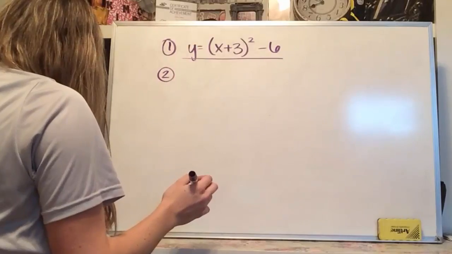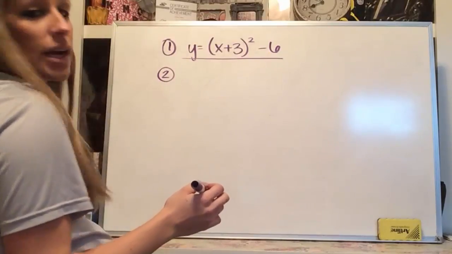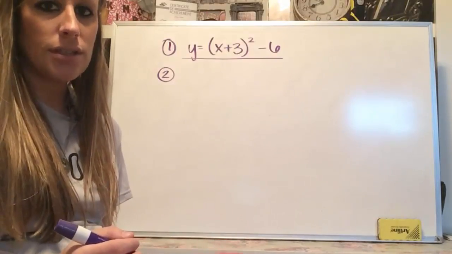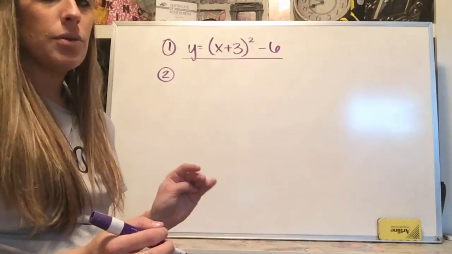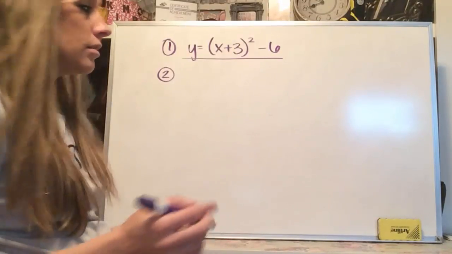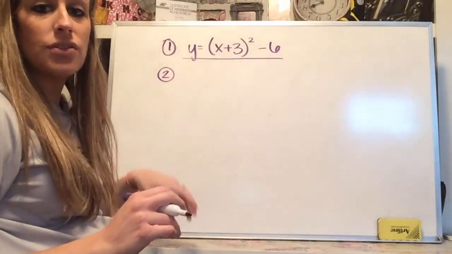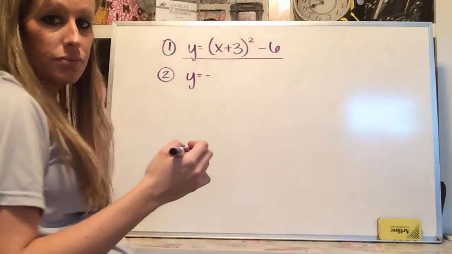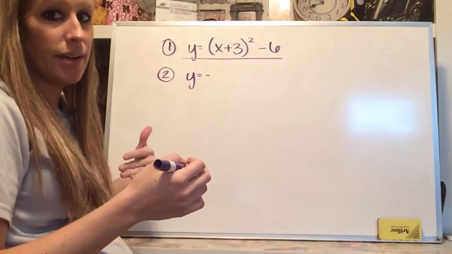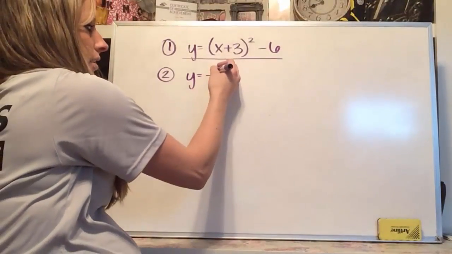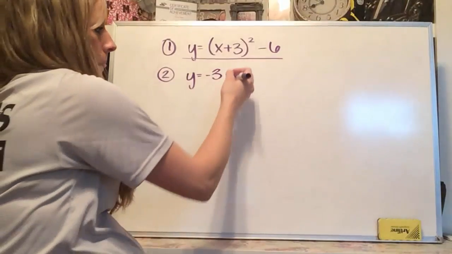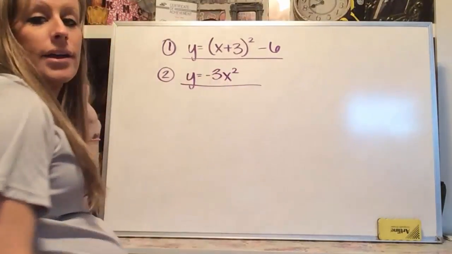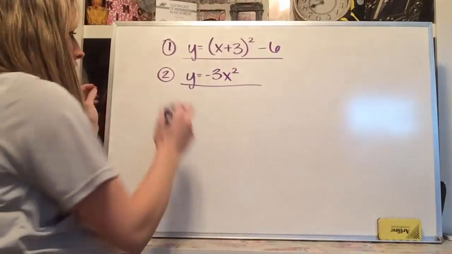Number 2 says reflected over the x-axis and stretched by a factor of 3. Both of those transformations need to be written before the x squared. Okay, if I'm going to reflect it over the x-axis, I'm going to have a negative at the beginning. And if I'm going to stretch it, I'm going to have a 3 at the very beginning. So this would be my answer. Y equals -3x squared.